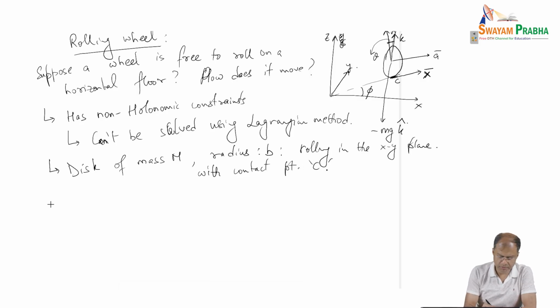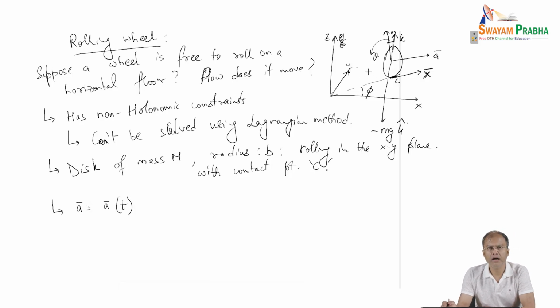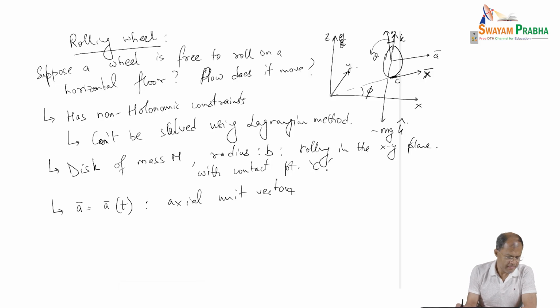Right? And we expect that, let us say our axis A is A of t, which is the axis of the wheel about which the wheel is rotating. And this is the so-called axial unit vector. And then we can assume that n, the vector n, which is also changing with time.